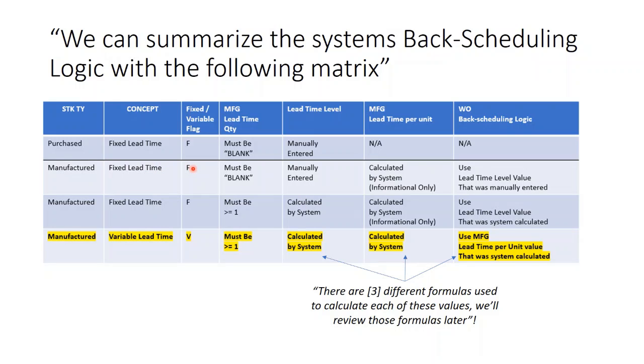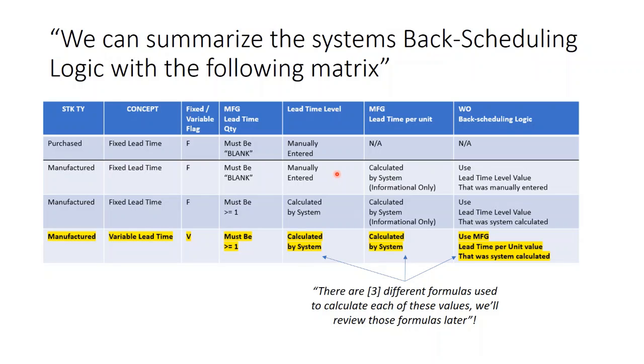If we were to manually enter a fixed lead time to replenish the item, we would set the fixed variable flag to F and make sure the manufacturing lead time quantity is blank. Then we just simply enter the number of days it takes to replenish this fixed lead time manufactured item.